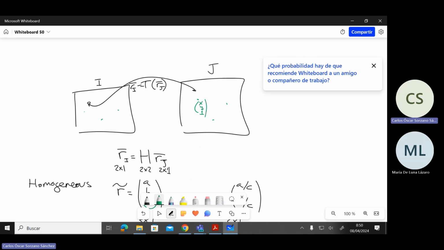And then when I transform, I multiply by H. In general, here they will be whatever. They will be x, y, z, because the H is breaking this constraint to be 1. So this third homogeneous coordinate, after multiplying by H, will not be 1 anymore. It will be whatever.